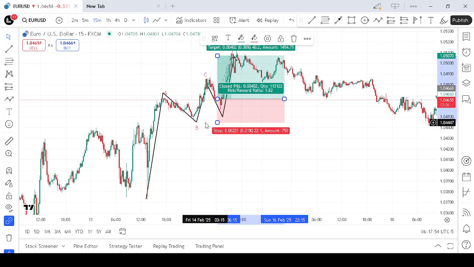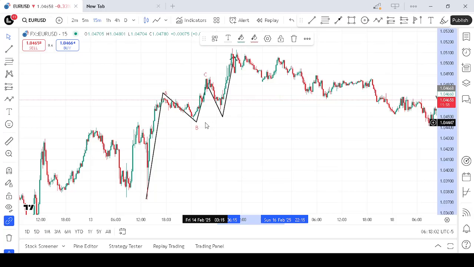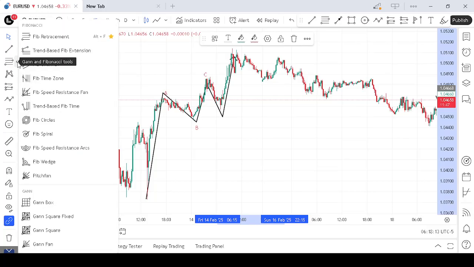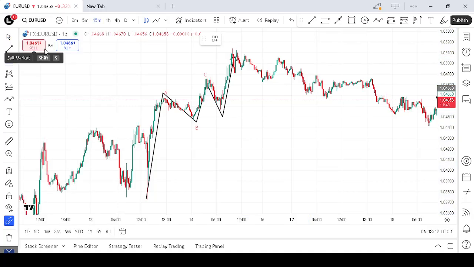Now, finally, we'll talk about taking profits. One common approach I use to take profit is using the Fibonacci extension, typically targeting levels such as the 127 level or the 161 level.